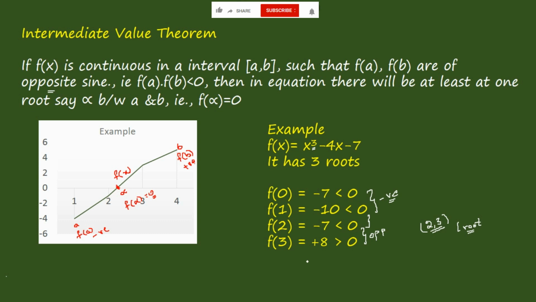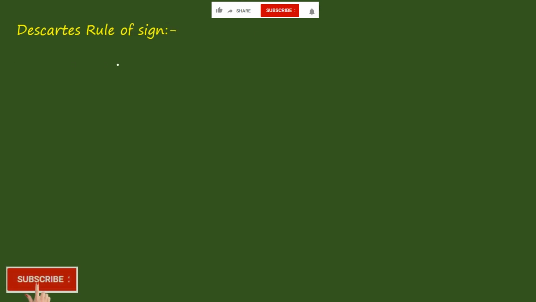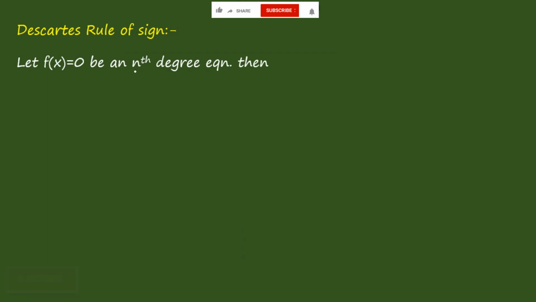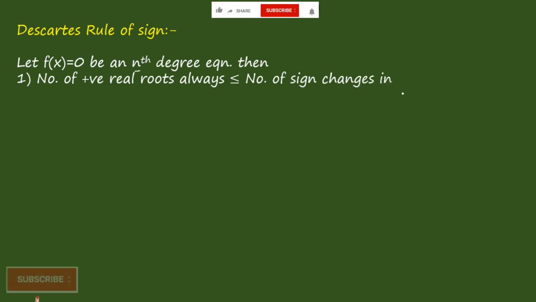Now coming to the next topic, Descartes' rule of sign. First I'll show the rules. Consider an equation f of x is equal to 0, an nth degree equation. The first rule: the number of positive real roots is always less than or equal to the number of sign changes in f of x.